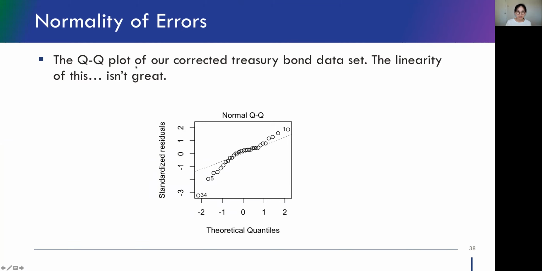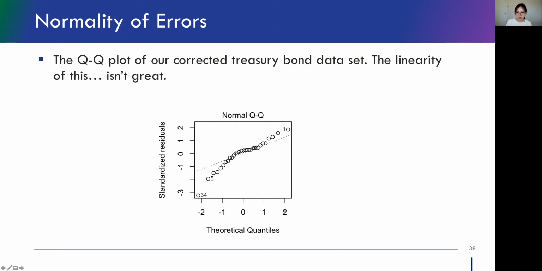This QQ plot is for our corrected Ch3 bound data set, that is, after we remove the three flower bound data points and then refit the model. R plots the normal QQ plot. Looking at it, the theoretical quantiles go from negative 2 to 2, and the standardized residuals from our model go from about negative 3 to 2, which is not really aligned.